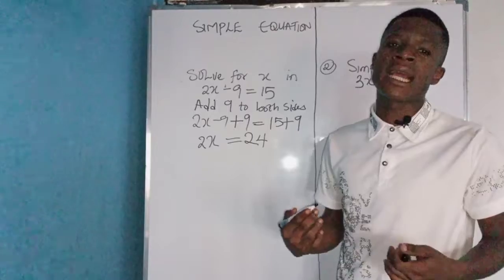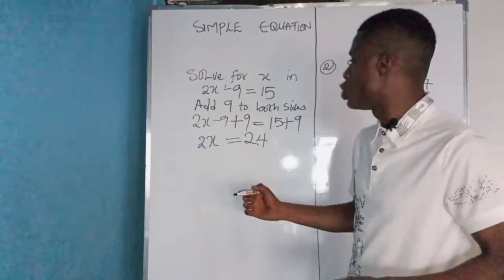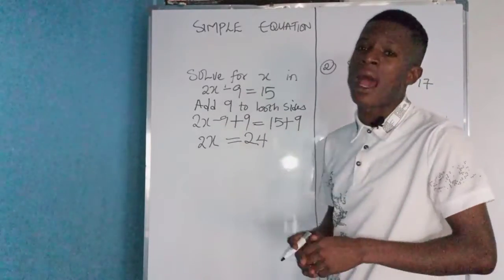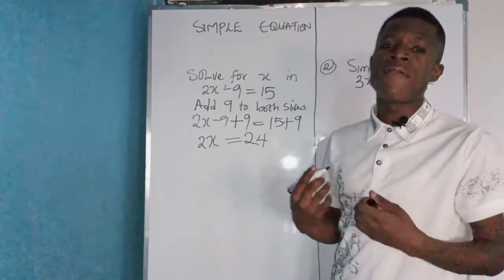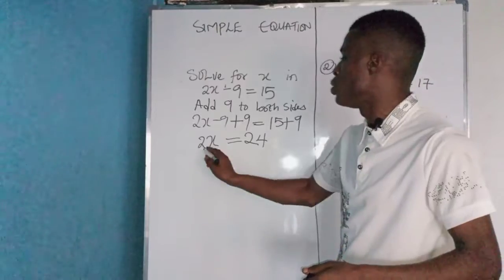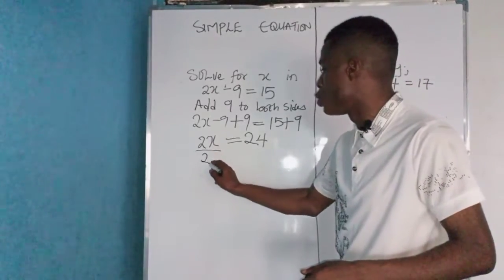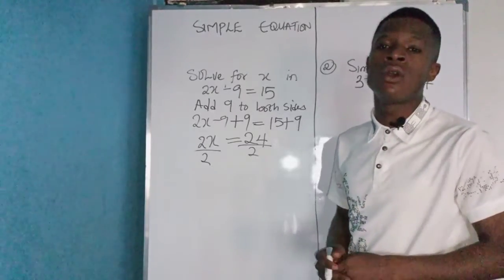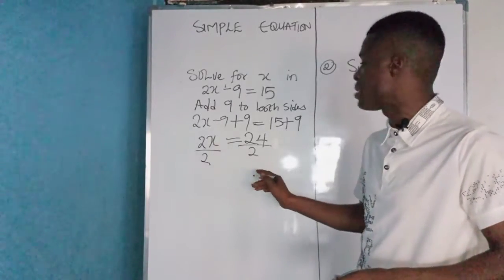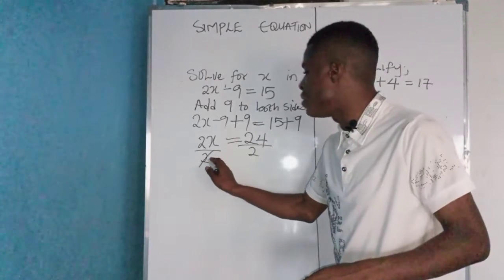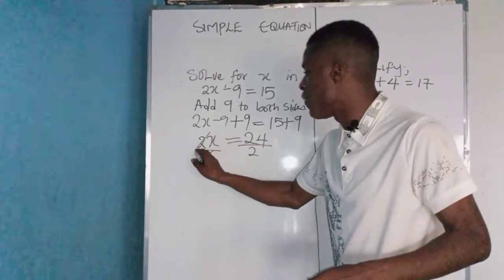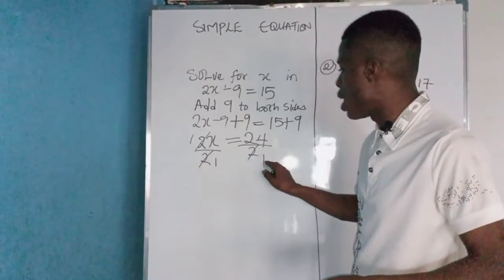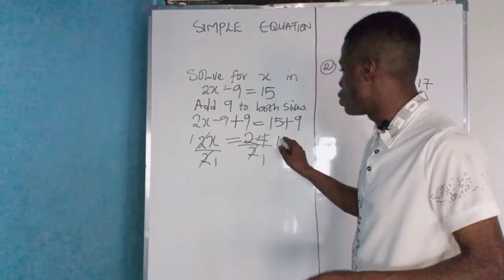At this point, I can easily divide through by 2 so that I can know the value of x that will satisfy this equation. If I divide the left-hand side and the right-hand side by 2, 2 divided by 2 is 1, and 24 divided by 2 is 12.